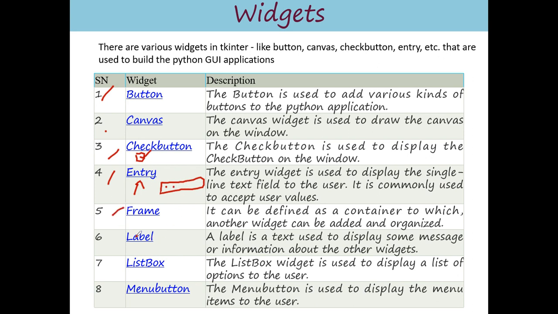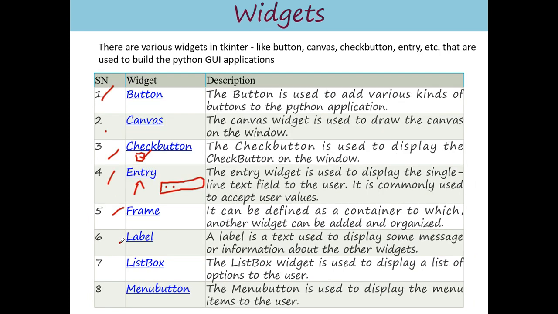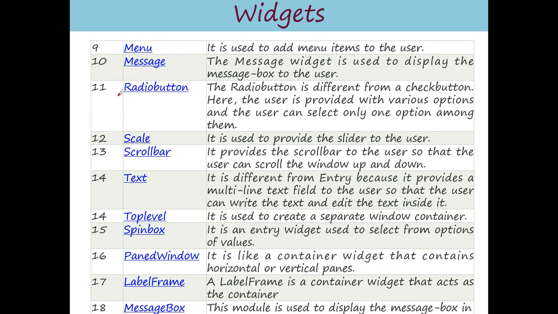Frame: I told you, if you want to group some components inside the window, then you have to use the frame. I will show you. Then you have label. If you want to give some label, some notes in your window, then you have to give this label. I will again show it to you. List box, you know what is list box. Menu button is there. Then message, radio button, you know what is radio button.